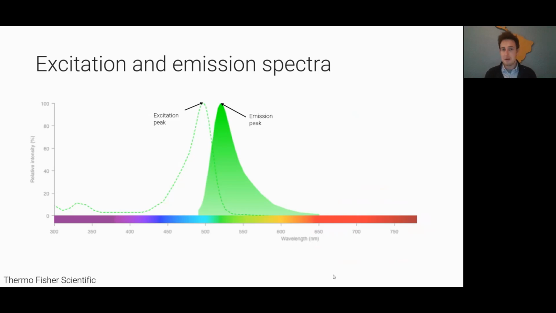So just a few more words about excitation and emission spectra. They tend to look like this across your electromagnetic spectrum, the visible region, and the gap between the maxima of those excitation and emission peaks is what we call the Stokes shift. And it's important that this is an appropriate value. It's not too long and it's not too short, and we'll chat about that in a little bit.